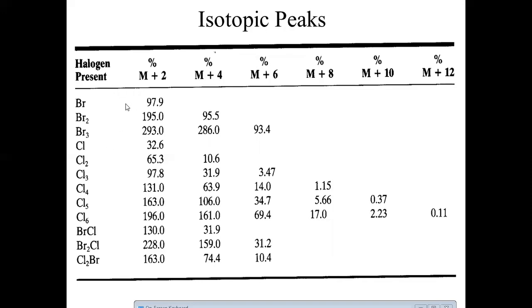If you consider this as 100, this is 97.9. For chlorine, it is 32.6, so it is 3:1. When you have 2 bromines in your organic molecule, then you'll have 1:2:1. When you have 2 chlorines, you'll have 9:6:1. So that kind of thing, you can basically calculate.